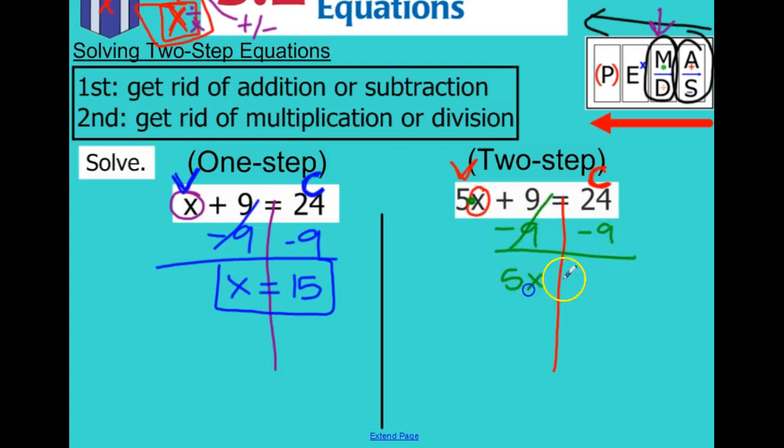We have 5x. All I did was bring that down. And then just like we did over here, we have 15. And then our second step over here, get rid of multiplication or division. We have multiply, we need to do the opposite, and divide by 5. 5 over 5 is just 1, or x. And 15 divided by 5 should give us 3.